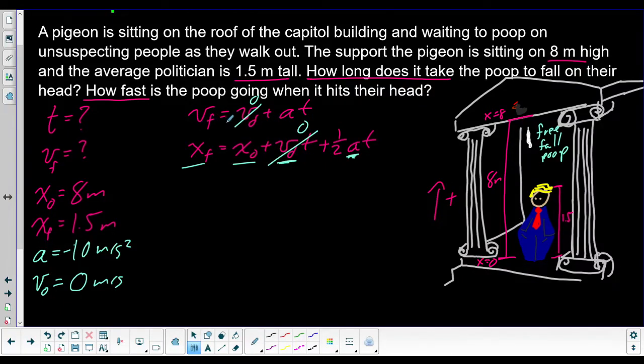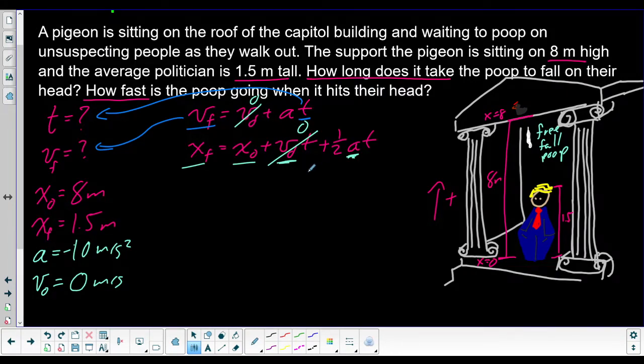It looks like I don't have enough information to solve this question yet because v final, that's a question mark. We don't know how fast it's going. And time is also a question mark. So we have 2 unknowns, and this equation isn't strong enough to solve 2 variables by itself.